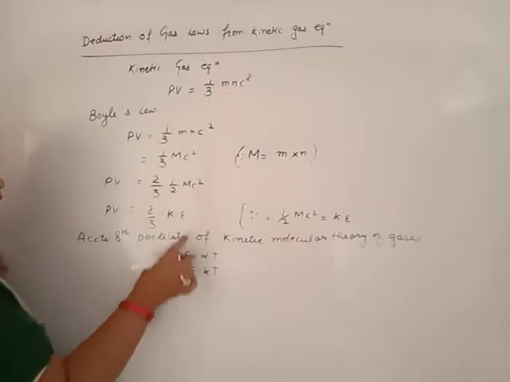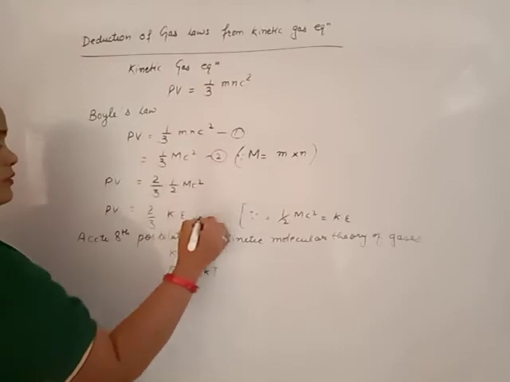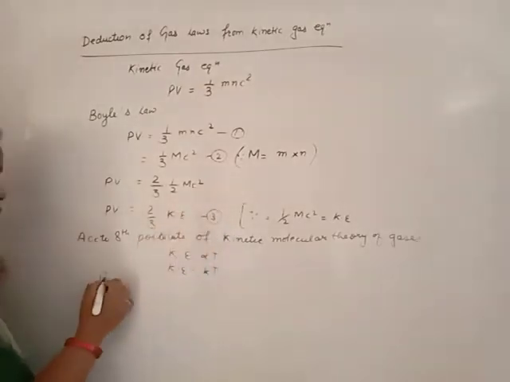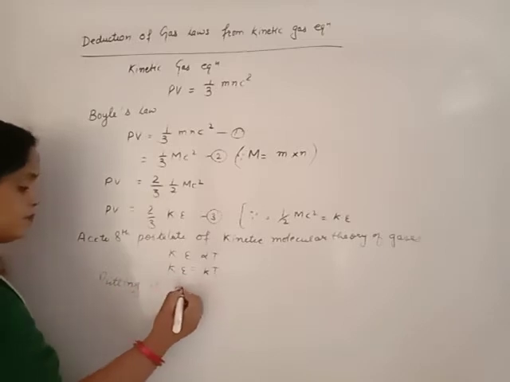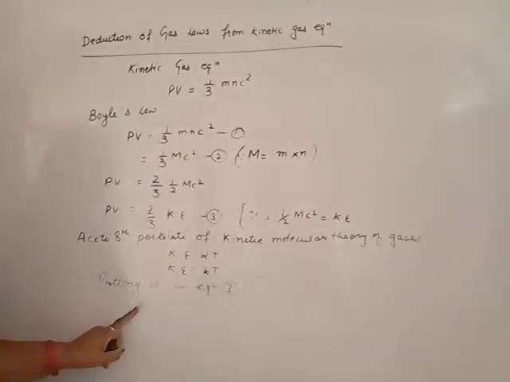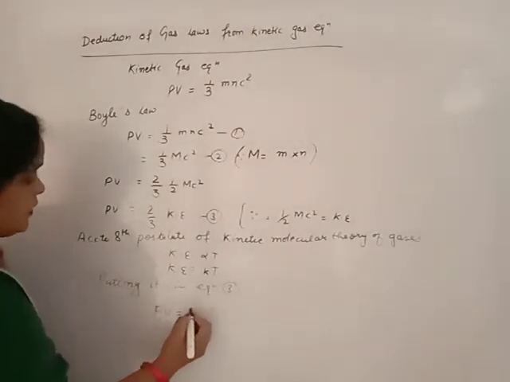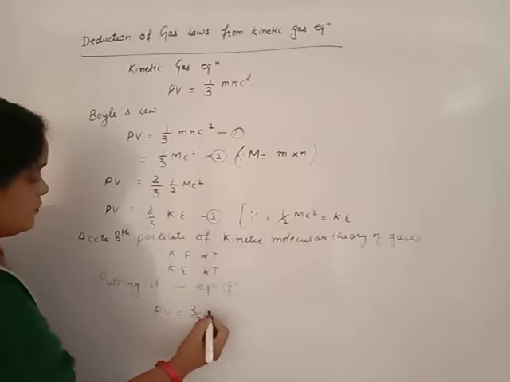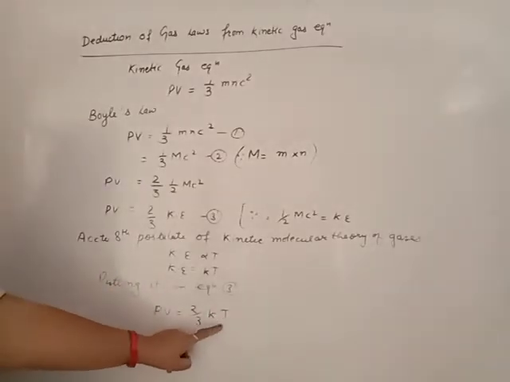Putting the value of kinetic energy in this equation, this is the first equation, second equation, third equation. Putting it in equation 3, PV = 2/3 of KT, where K is the constant of proportionality and T is the absolute temperature.